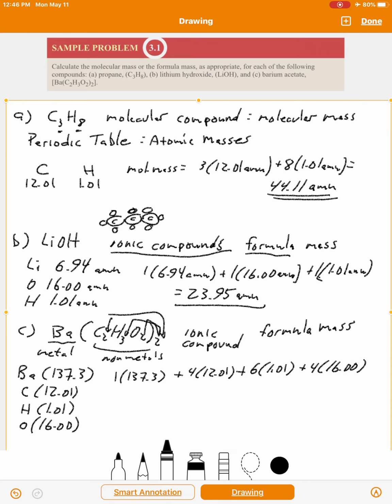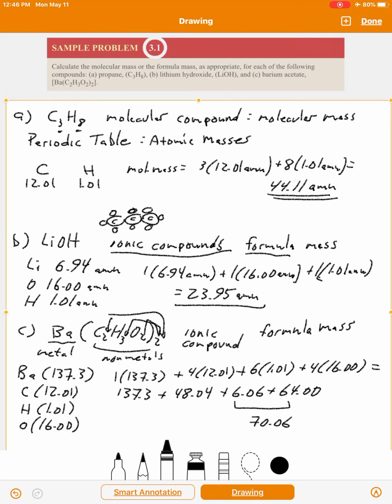Okay, so that would be equal to 137.3 plus 48.04 plus 6.06 plus 64.00, right? Of course, those are all in AMU. So if you add these two together, you get what, 70.06?